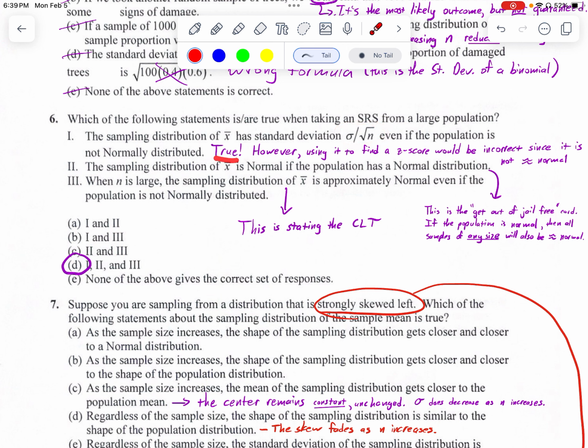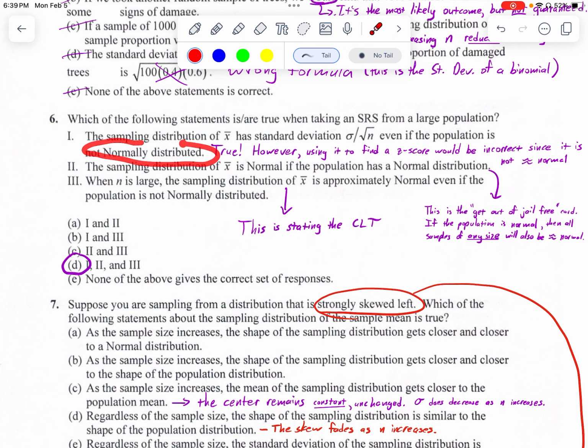It's true. Even if they're trying to scare you or trying to test you, you can always find the standard deviation. Whether or not you use it to find a z-score is where you want the curve to be normally distributed.